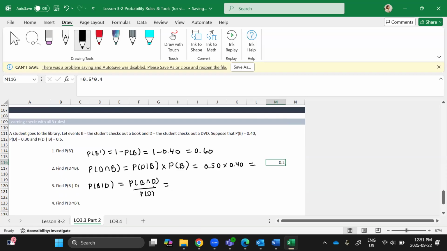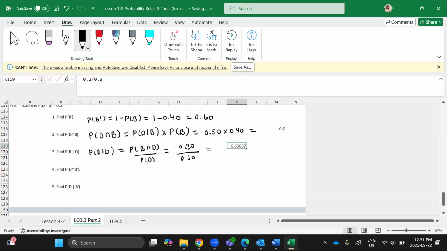We just calculated that the probability of book and DVD is supposed to be 20%, and from the question, the probability of DVD is 30%. So 20% divided by 30%, we can use Excel for that. And it's 0.66667, or 2/3.